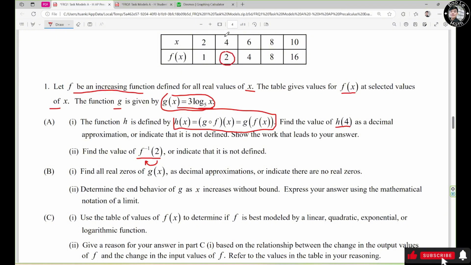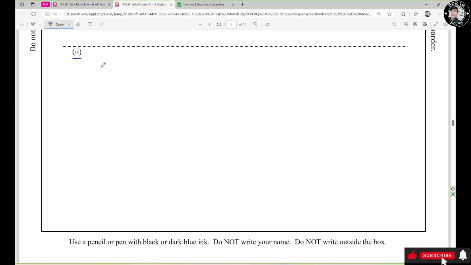So your answer must be 4, right? So you have f inverse of 2 equals 4, right? So we need to write the answer over here. F inverse of 2 equals 4, because you need to explain it. F of 4 equals 2. So keep that in mind.